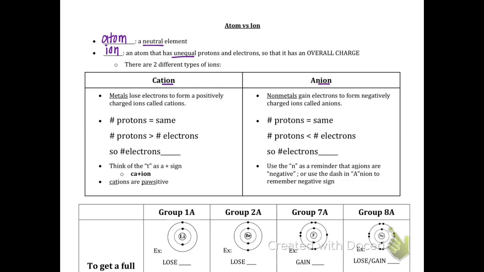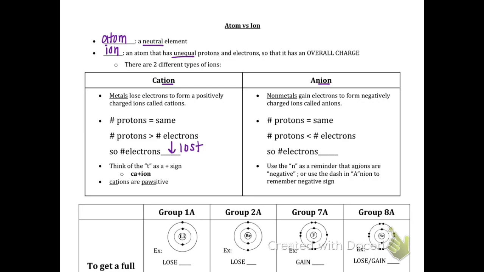Cations are usually metals that lose electrons to form positively charged ions called cations. So protons will stay the same, but because there are more protons than electrons, electrons are what we call lost. That means we lost some electrons.